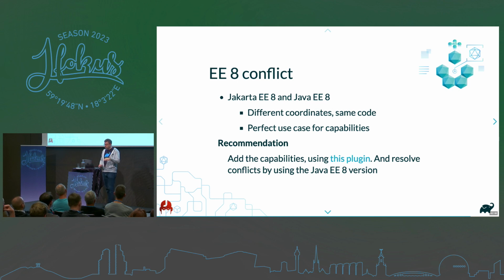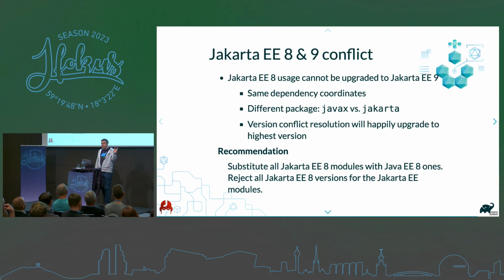My recommendation today, given the situation, would be to stick with Java EE 8 if you're, again, still on the javax packages. Between EE 8 and 9, the problem is that with the optimistic version upgrade, you would get totally incompatible jars, because something that was using javax suddenly used jakarta as the start of the package, meaning your code doesn't run anymore. Here again, you can use Gradle techniques.